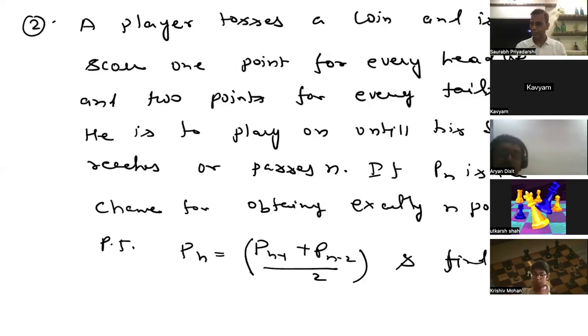It's okay if you're not finding Pn, you just have to prove this one: Pn is equal to Pn minus 1 plus Pn minus 2 by 2.